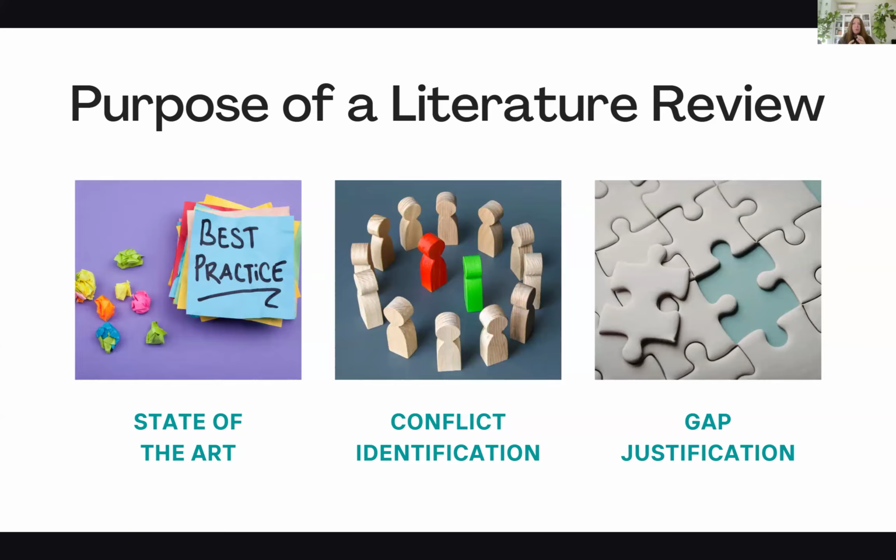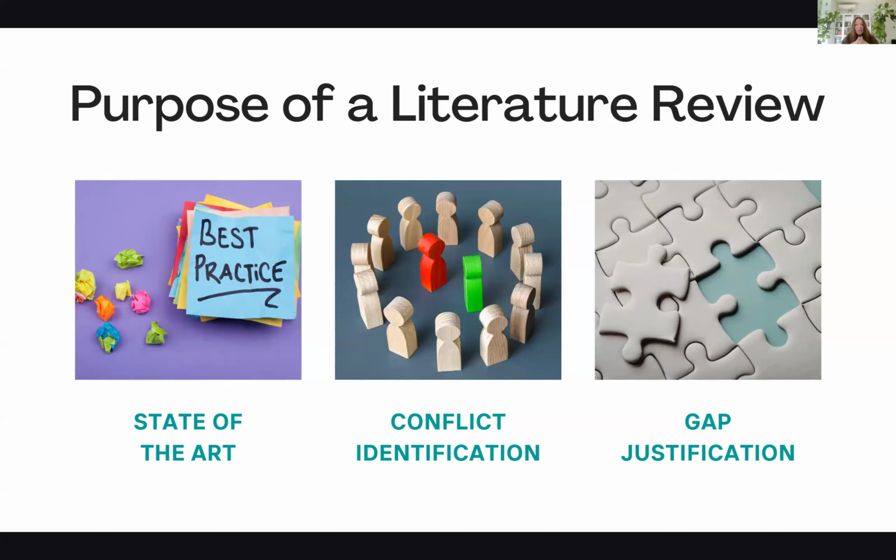So we're looking for any discrepancies, any differences of opinion, conflicts, and everything like that. And that's our gap. So that's where we know that there is something missing in our understanding of how this topic or subject works.